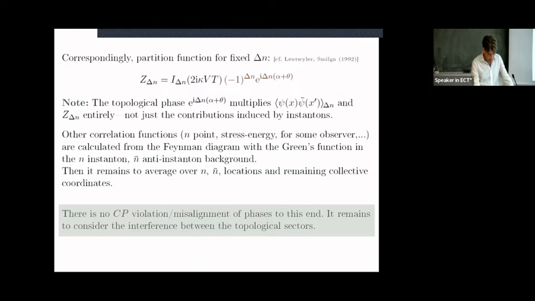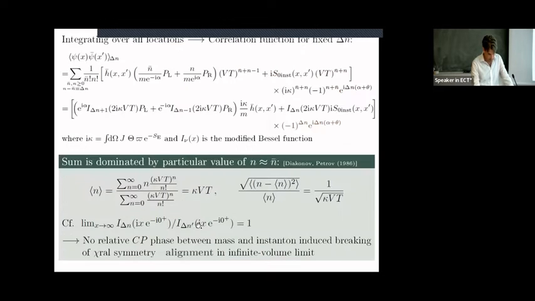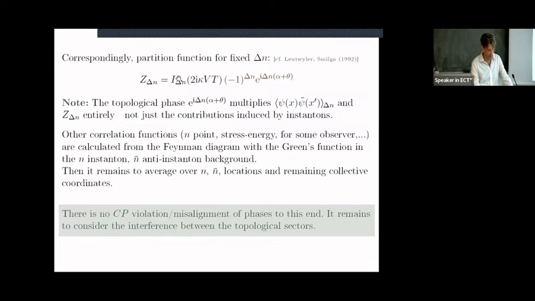Good. So the same thing again can be done at the level of the partition function. And the partition function then also turns out to be a modified Bessel function with index of delta n. And this form of modified Bessel function for the partition function has been found also by Lord Wheeler and Smilder before, basically from some opposite approach.